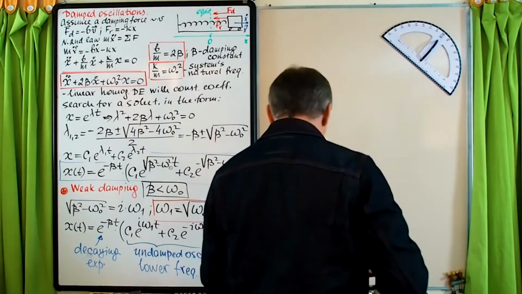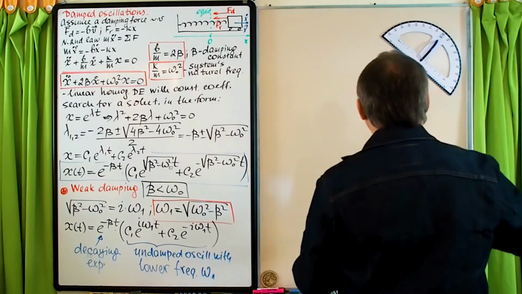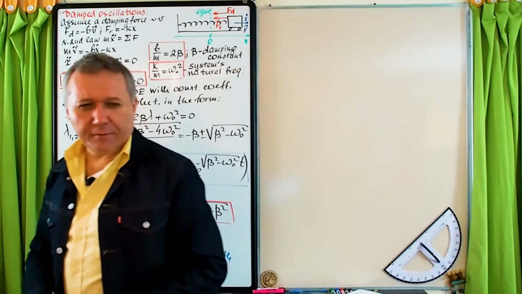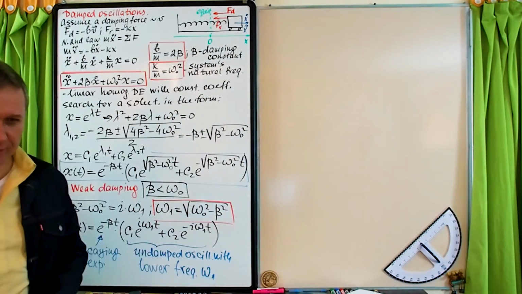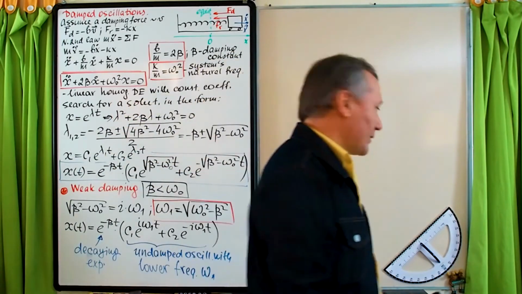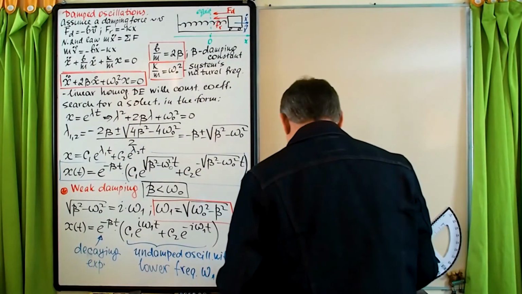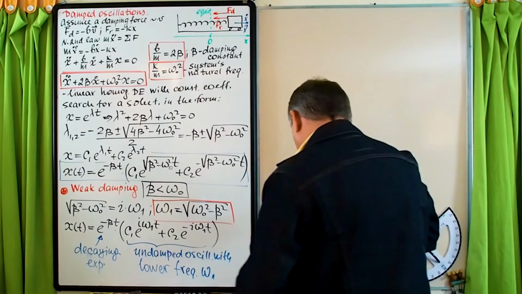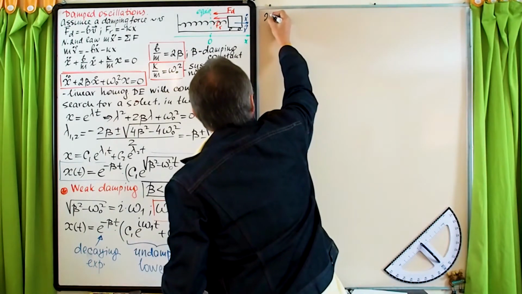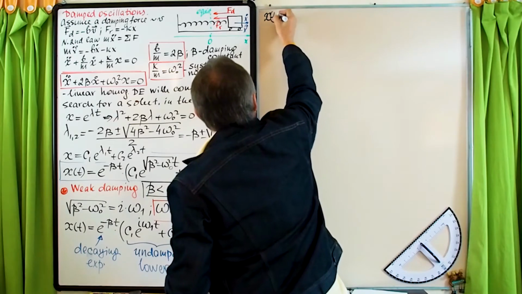Okay, so now let me rewrite it in the form of, how do we call it, a phase-shifted cosine solution. Every time I struggle remembering that term, phase-shifted cosine solution, right? So it will be a different form, x as a function of time.